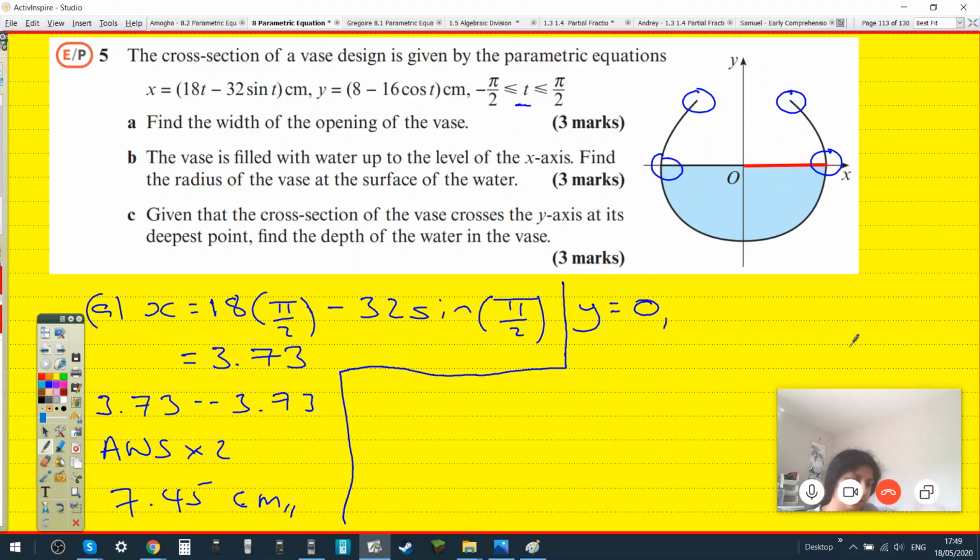T is equal to pi over 3. So it's just pi over 3 is the radius.